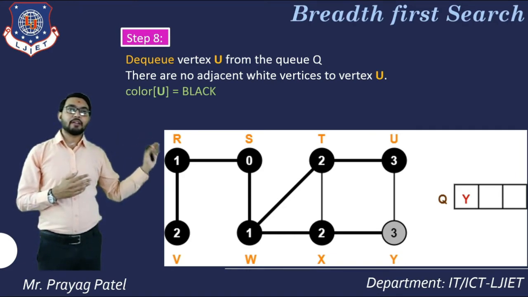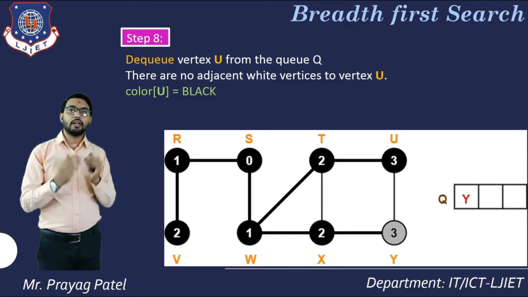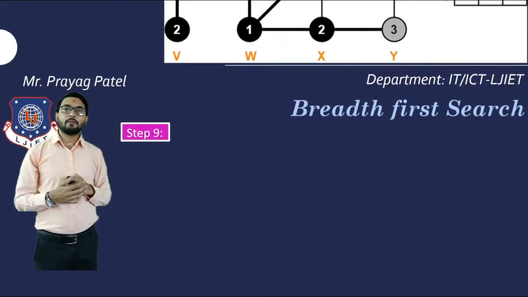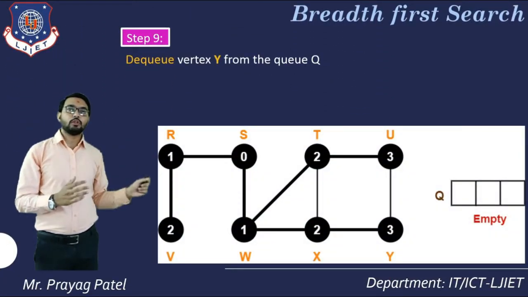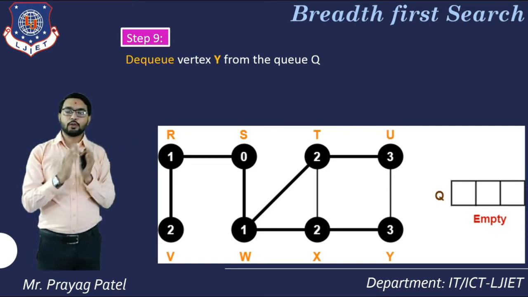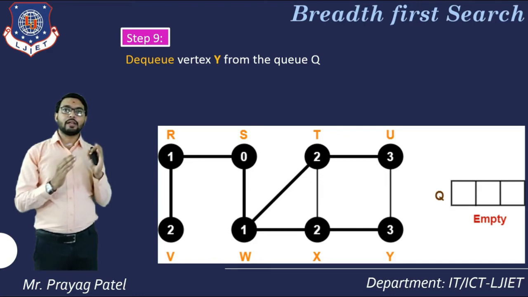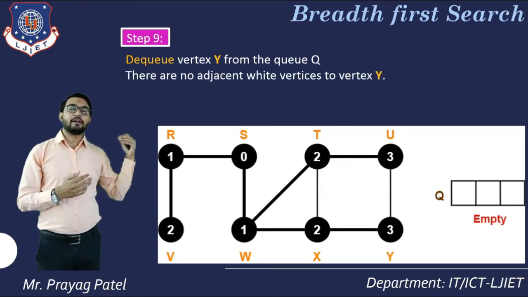In the next step, consider the situation of Q. In Q only one node is there, node y. So we perform the operation for node y. We remove the y node from the Q, and then Q is empty. So the first operation is dequeue vertex y from the Q. Then consider the neighbors of the vertex y.